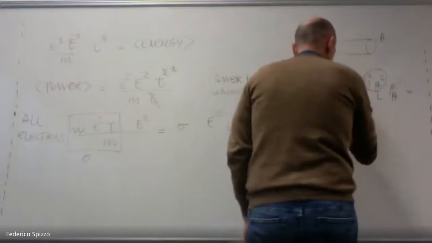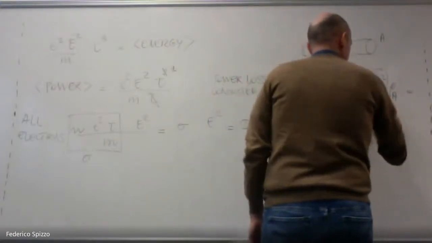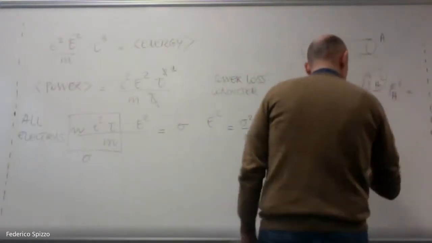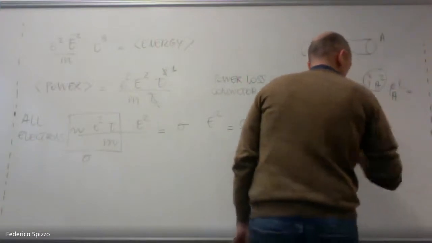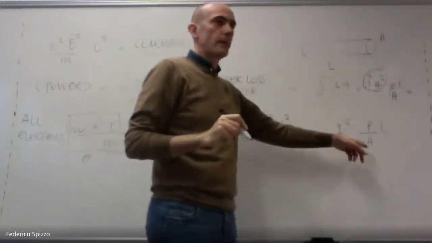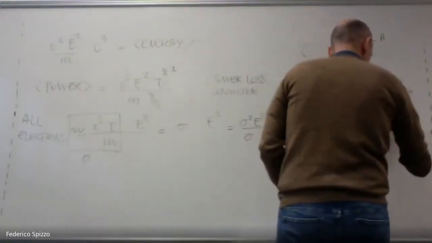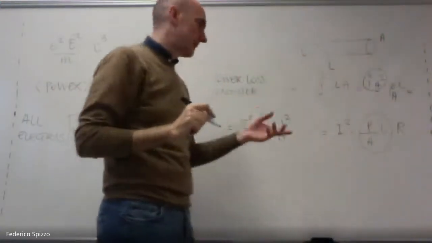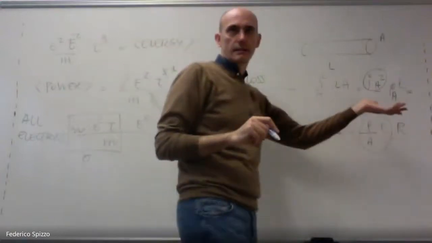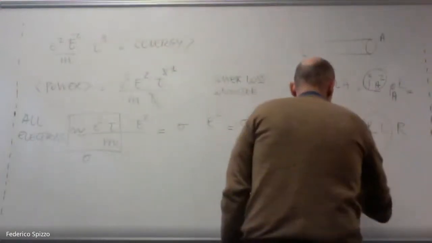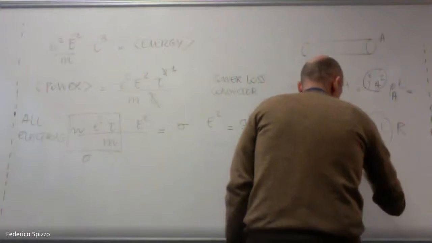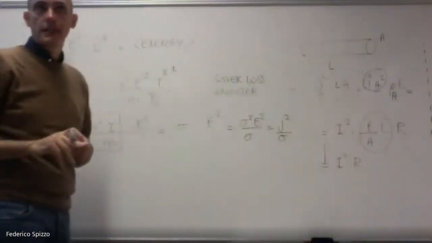I don't understand why. And this is the second Ohm law to define resistivity. This gives you the resistance of the conductor. So this is I squared times R, the resistance of the conductor.